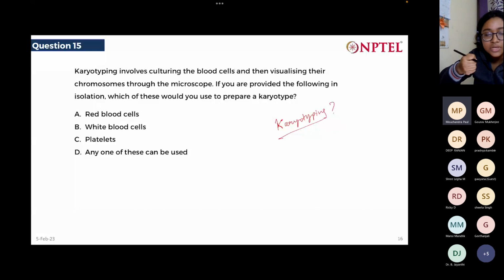Then you have to see the cell in the metaphase state, when the cell is in the cell division process, because at metaphase the DNA is condensed to form chromosomes. If you observe a cell in any other normal phase, when it is not dividing, you cannot see the chromosomes.